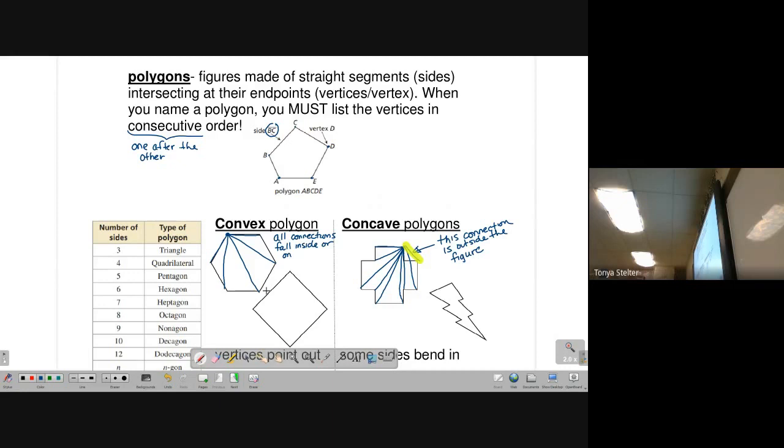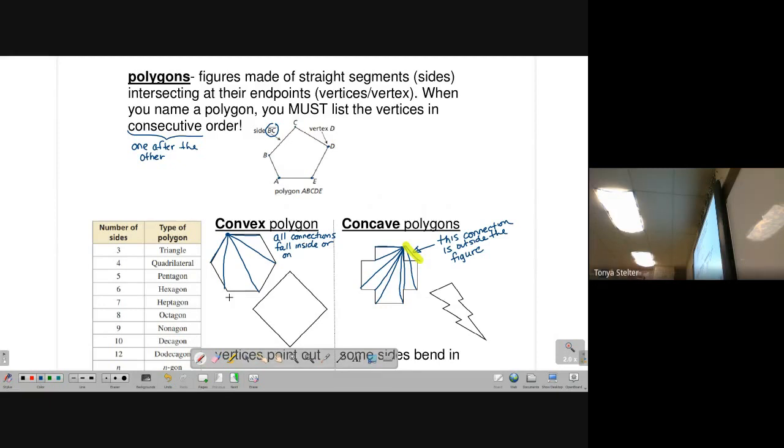So that's how you tell if it's convex. Now, the normal mistake that I see is students start making connections to all of them, okay? You're only picking one vertex and connecting that one vertex to all the other vertices. Don't connect all vertices to all the vertices. So you get one set of rays coming out, not rays from every vertex. I hope you understand that. So that's the difference between concave and convex.